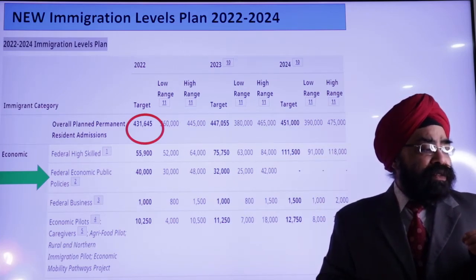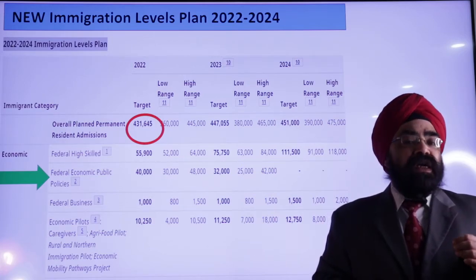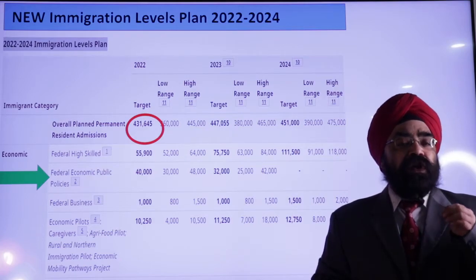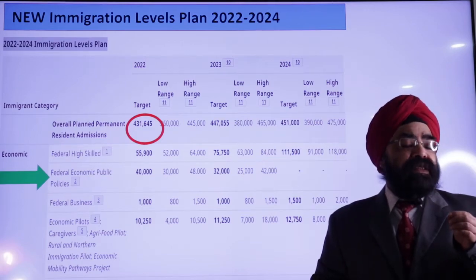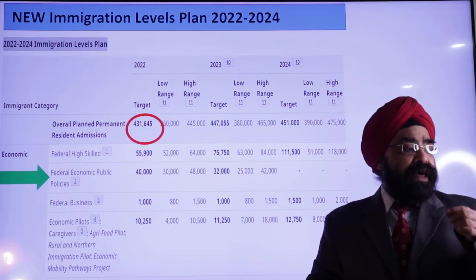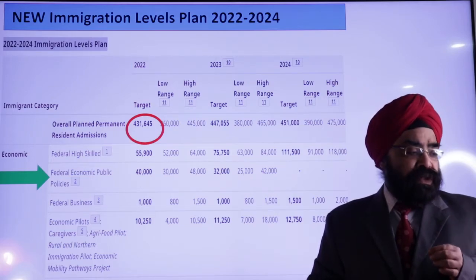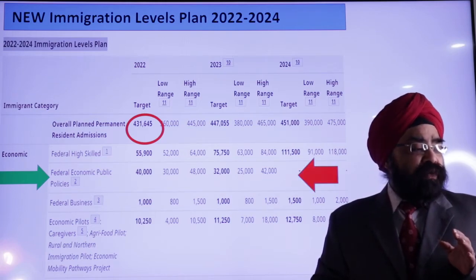And the green arrow which you see here is a new introduction, which is TR to PR under the federal economic public policy, 40,000. So in 2022 there is a number 40,000, and under 2023, there is a number 32,000. But there is nothing in 2024.